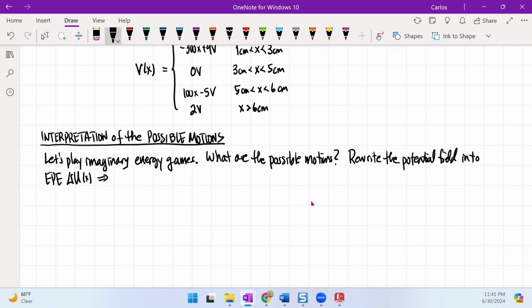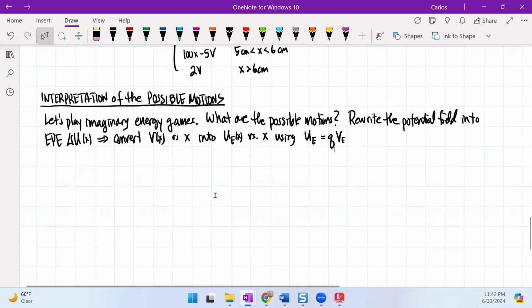Which implies here is that we convert V of X versus X into U_E of X versus X, using that the electric potential energy, since we have a positive test charge, is equal to Q times V_E.